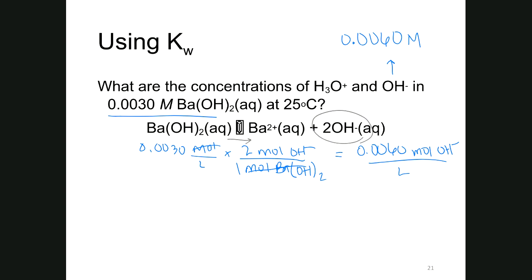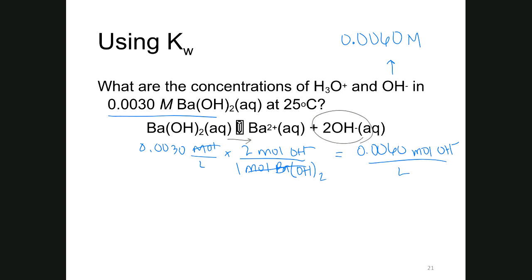Now that we have our moles of hydroxide, we can figure out our moles of hydronium. Because in any aqueous solution, recall that aqueous means that we are in water. So if we're in water and water auto-ionizes, that means that every solution has some amount of hydroxide and some amount of hydronium.